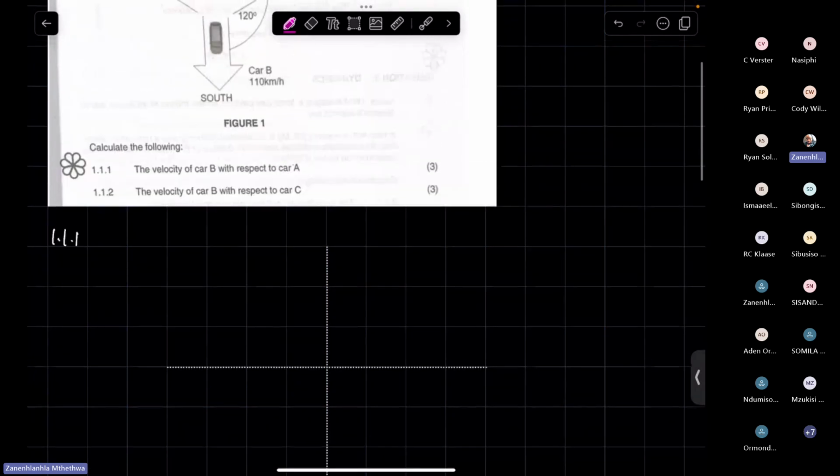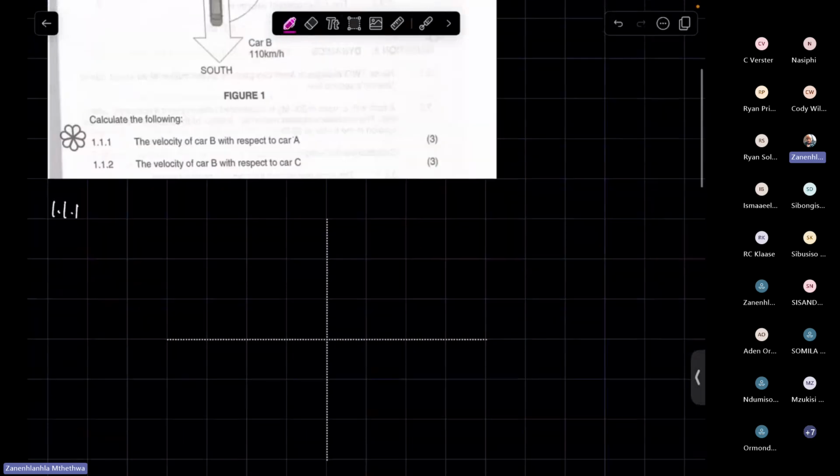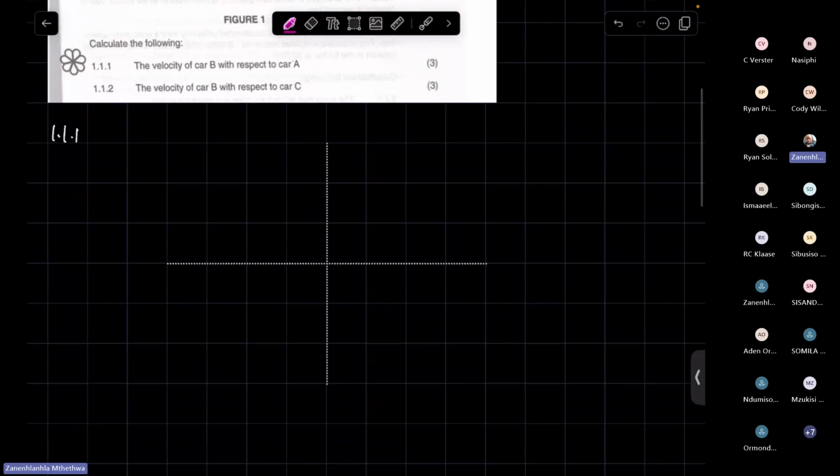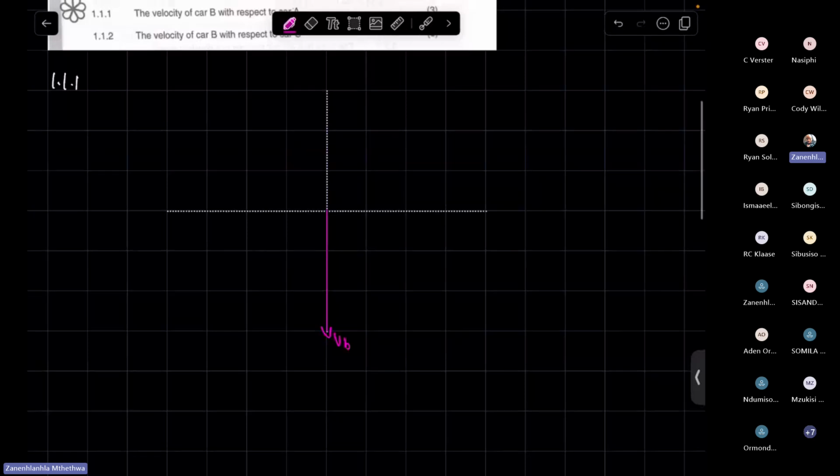Because B is our object, we are going to draw B exactly how it's been drawn, or in the direction that's been given in the diagram or in the problem. So B is going south, so we draw B as going south. So that is B here. So this we take as VB.